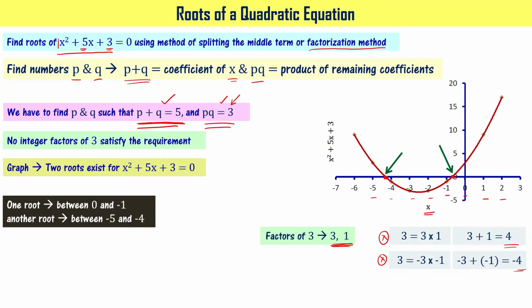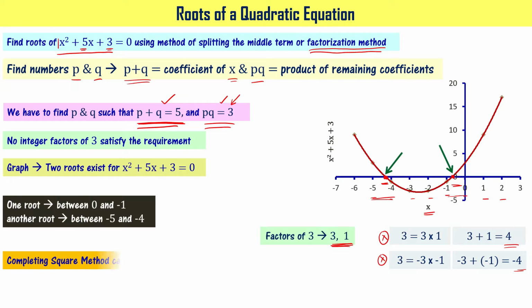One root, as you see here, is lying between 0 and minus 1, and the other root is lying between minus 5 and minus 4, right? Whereas when you tried the factorization method, since we were dealing with only integer factors, we were not able to find these roots which are in between different integer values.